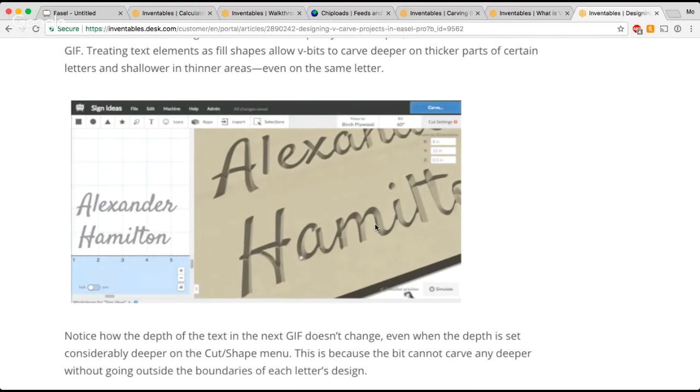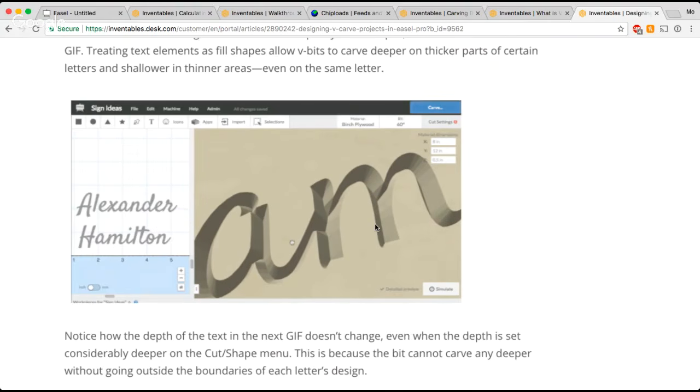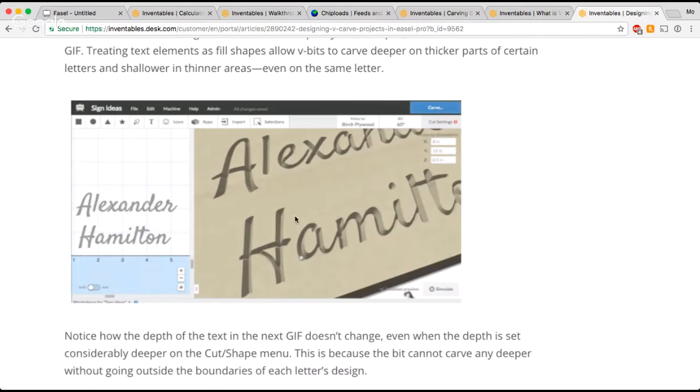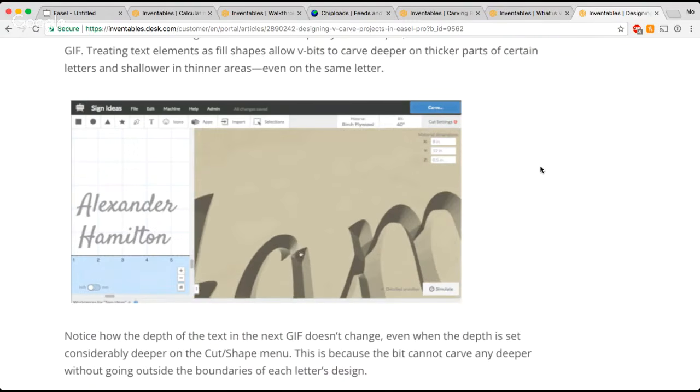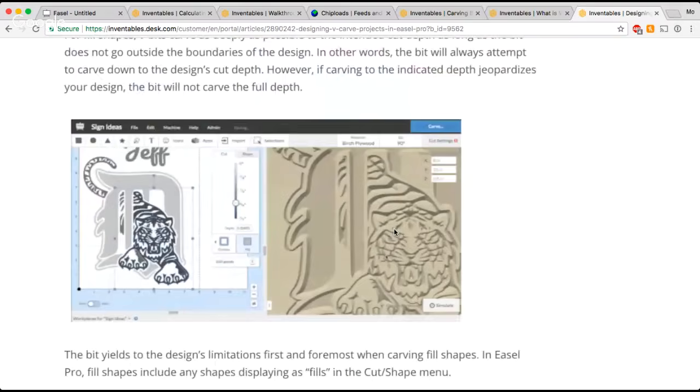And that's awesome. That's a great way to save a lot of time and a lot of hassle in carving, by using a V-bit for complicated scripted fonts, or anytime you've got a lot of itty bitty details.